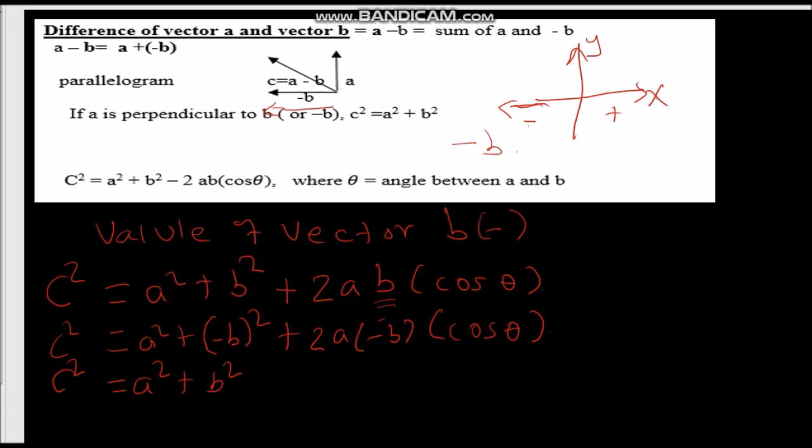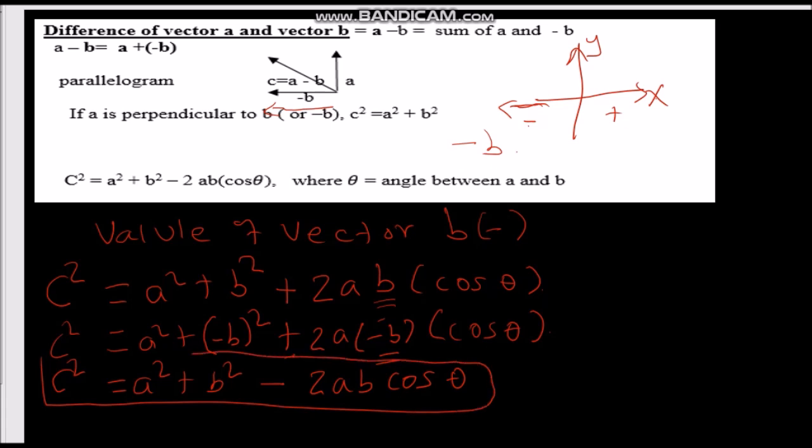That means due to b being negative, we change this positive to negative: minus twice of ab cos theta. This is the difference or the subtraction of the vectors. So we represent vectors in general on the xy plane, and check the direction because they are scalar points.